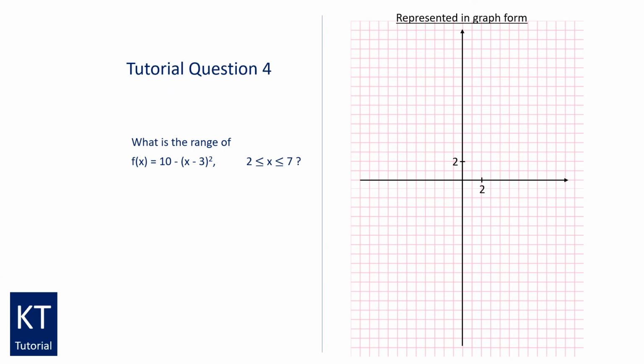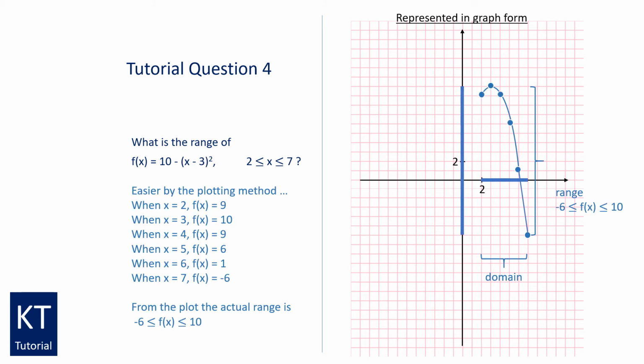Tutorial question 4. What is the range of f(x) equals 10 minus (x minus 3) squared for a domain where x lies in between 2 and 7? If you do not feel comfortable sketching the given function, you may opt to plot the graph by inserting the values of the domain in increments of 1 to identify each associated f(x).